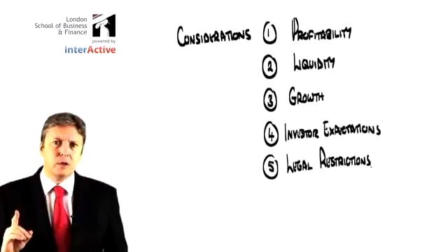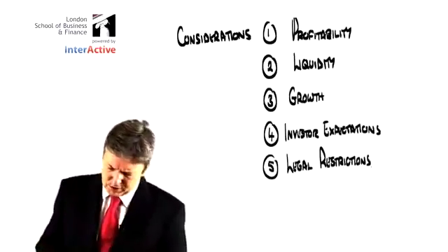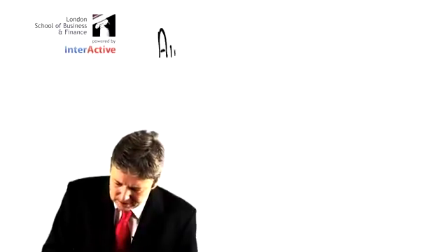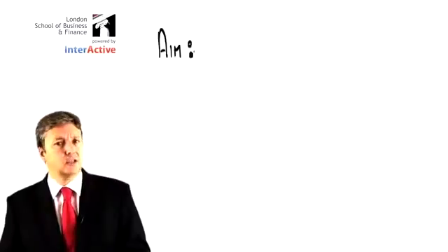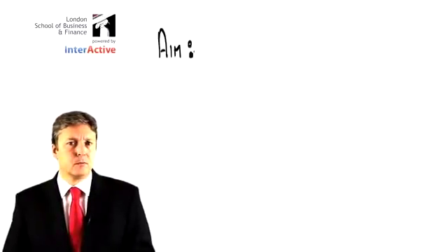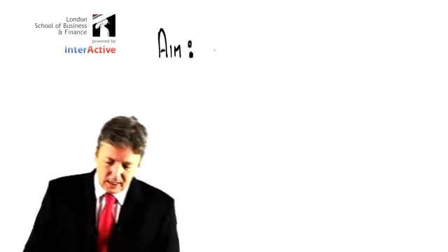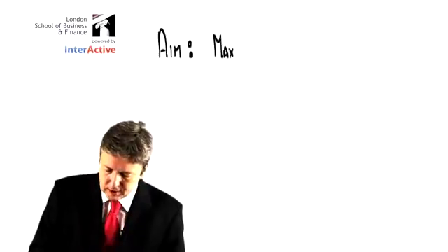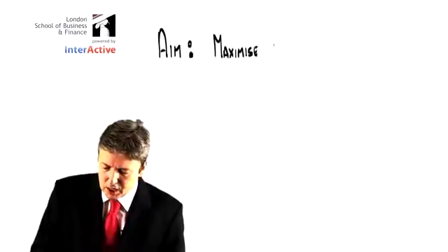Now let's move on and look at what our aim is. What is our aim when it comes to financial management? Well, simply, our aim is to maximize shareholders' wealth.